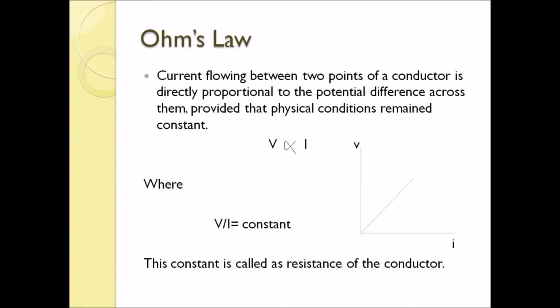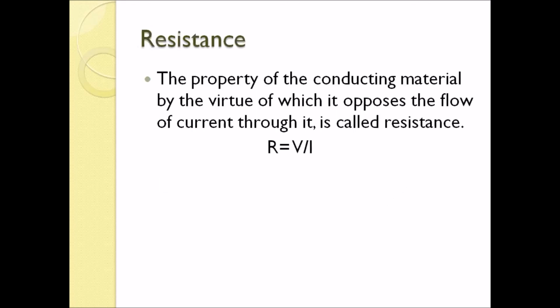This proportionality sign can be replaced by a constant, and this constant is called the resistance of the conductor. Resistance is the property by virtue of which any conducting material opposes the flow of current through its body. It is represented by capital R and measured in ohms.